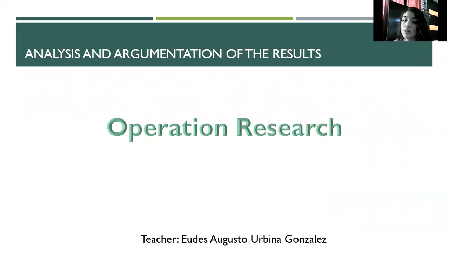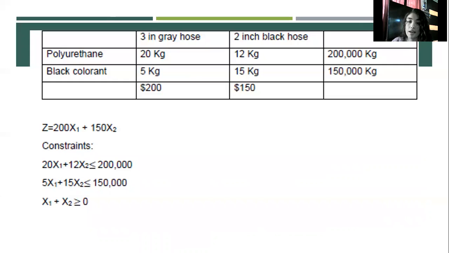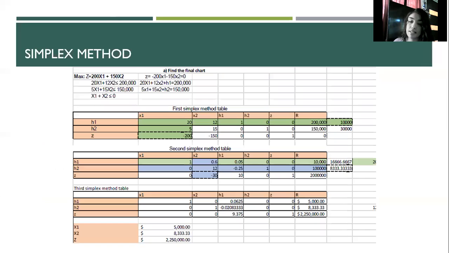And now we're going to start with operations research. Here is a problem where there are two kinds of houses that are going to be made, and this time we are going to calculate the maximum sale. So taking into account all this data, I put it in a table and I did the constraints, and I did a simplex method.